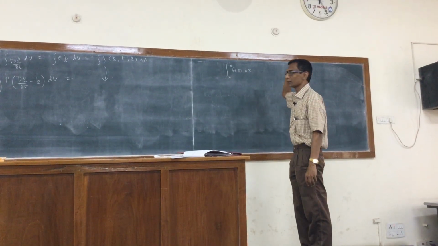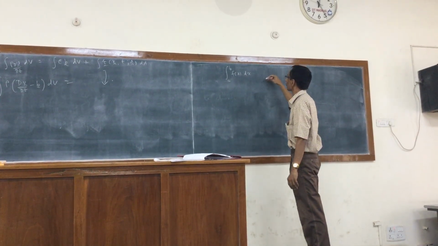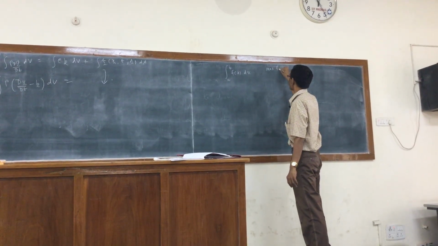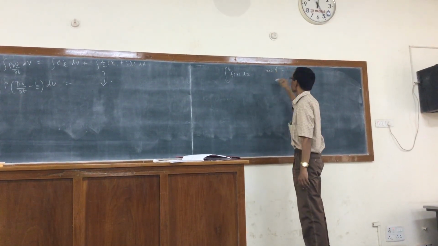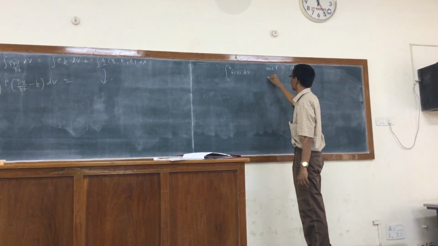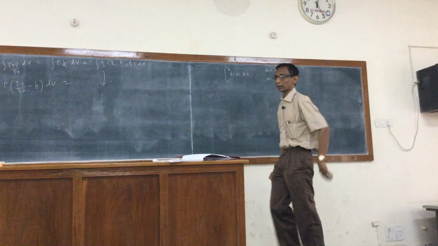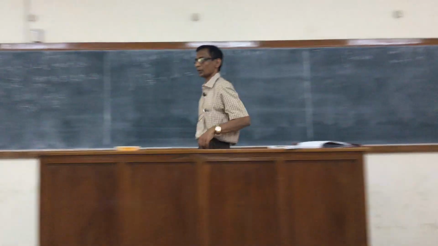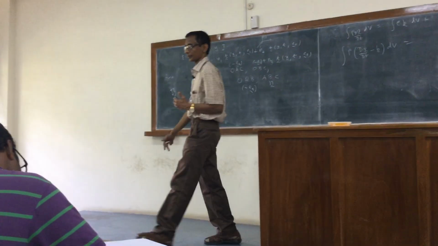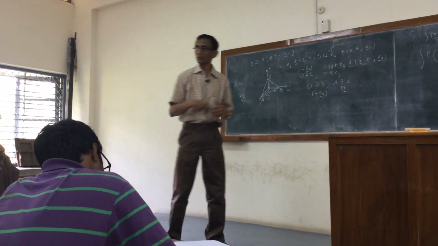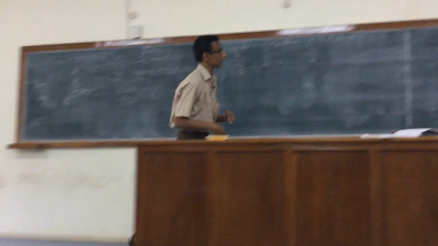There is something called the mean value theorem. For instance, let us assume the function has a certain maximum value and a certain minimum value in this range, a to b.